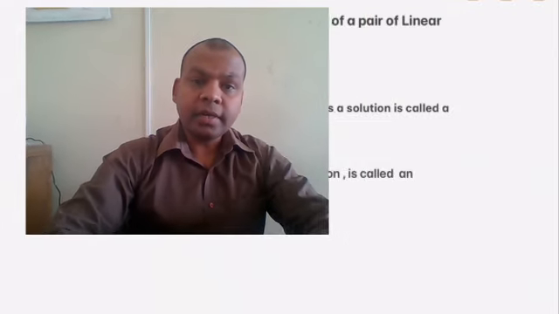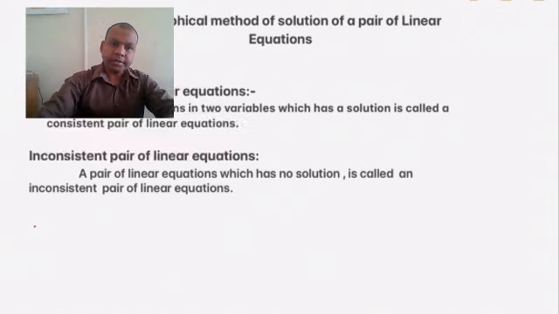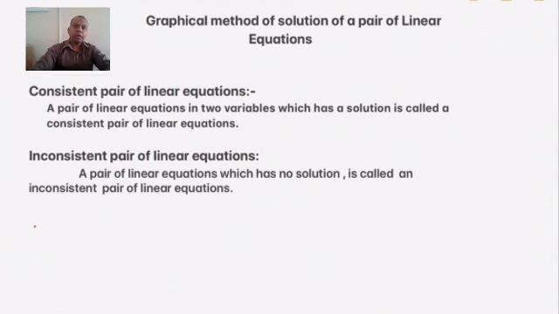Students, but first of all, let us learn about the consistency and inconsistency of linear equations. A consistent pair of linear equations is a pair of linear equations in two variables which has a solution. It's called a consistent pair, and an inconsistent pair of linear equations is a pair which has no solution.